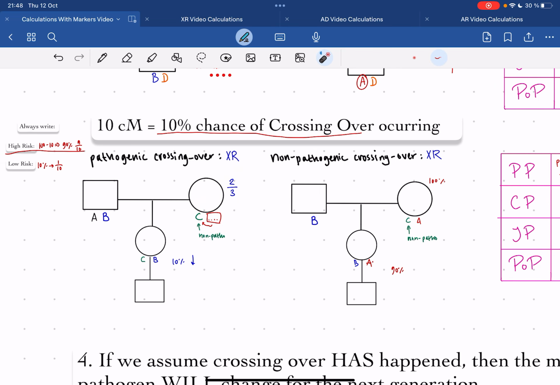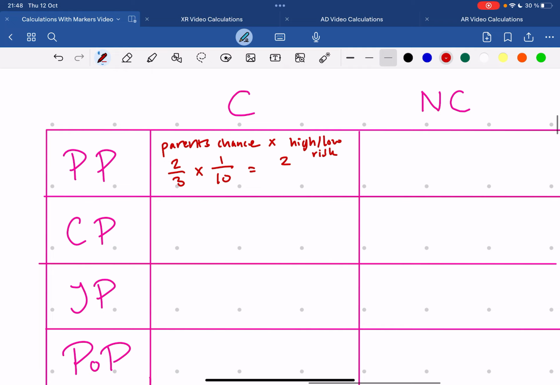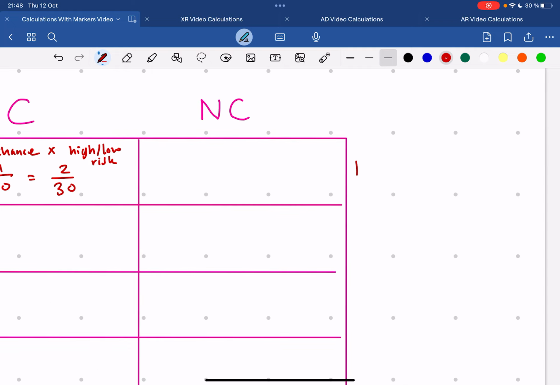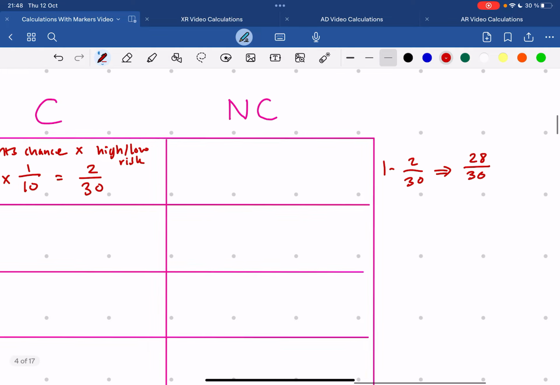So here it would be equal to 2/30. Now for non-carrier, it would be 1 minus 2/30. That is equal to 28/30.